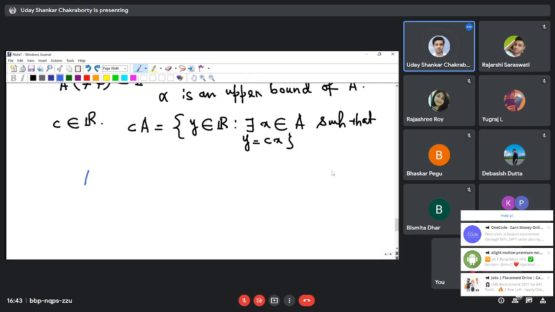So let us take any set A. Suppose this set is our known set, the open interval (0, 1). And C is a real number. Suppose you know that this is bounded above, and suppose alpha equal to 2 is an upper bound. Suppose C equal to minus 1. Then what is CA?